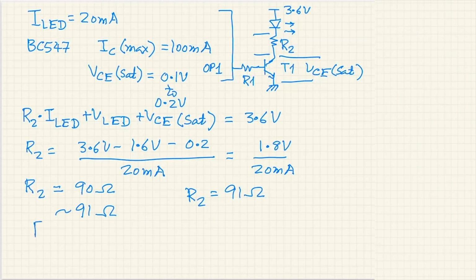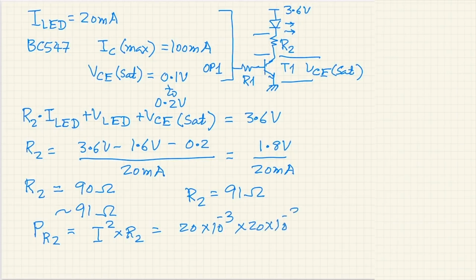We can calculate PR2 using I squared R, which in this case is 20 into 10 raised to the power minus 3 amperes, into 20 into 10 raised to the power minus 3, into, for ease of calculation, 100 ohms for R2. This gives a value of 40 milliwatts.